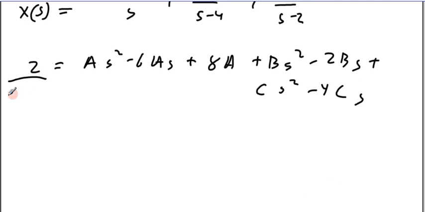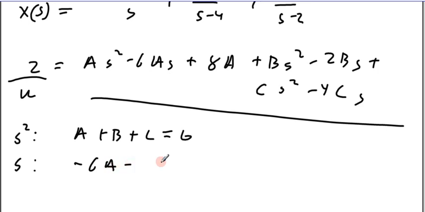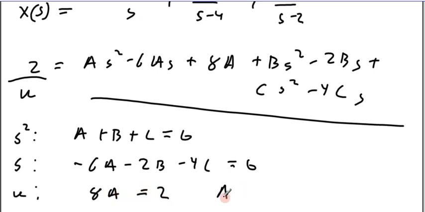Now this is over the denominator, and this is over the denominator, but I'm not going to write that. Okay, I look at the s squared term, and what do I get? I get a plus b plus c is 0. I look at the s term, minus 6a minus 2b minus 4c is 0. I look at the unit term, 8a is equal to 2. So that means a has to equal minus 1/4.